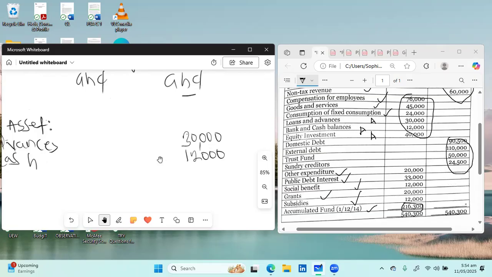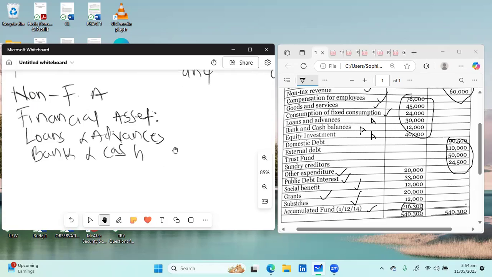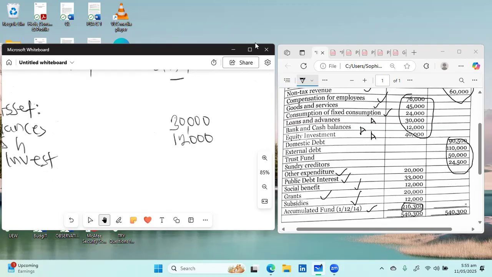Equity investment, isn't it? Yes, sir. Equity investment. That is also 40,000.